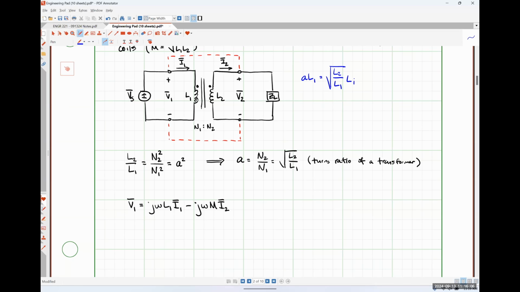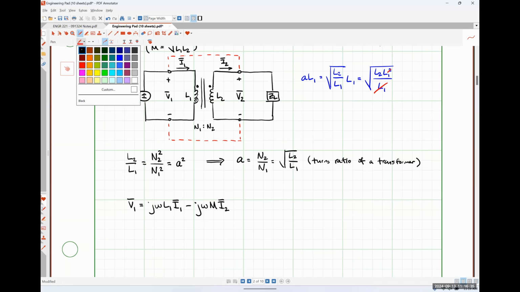Anybody got any beef with that? I could move this L1 inside of my square root sign, which would give me the square root of L2 times L1 squared over L1. Then the L1 in the denominator would cancel one of the L1 factors, and so A times L1 is just M for perfectly coupled coils.